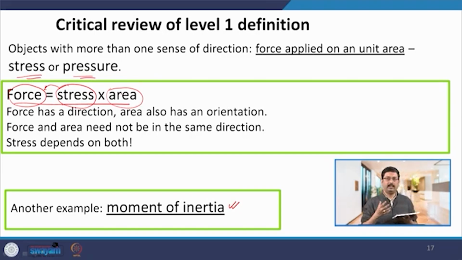This is an example of a quantity that is neither a scalar nor a vector with a single direction. That is why the usual definitions of scalar and vector in textbooks, which usually stop at this point, are incomplete.